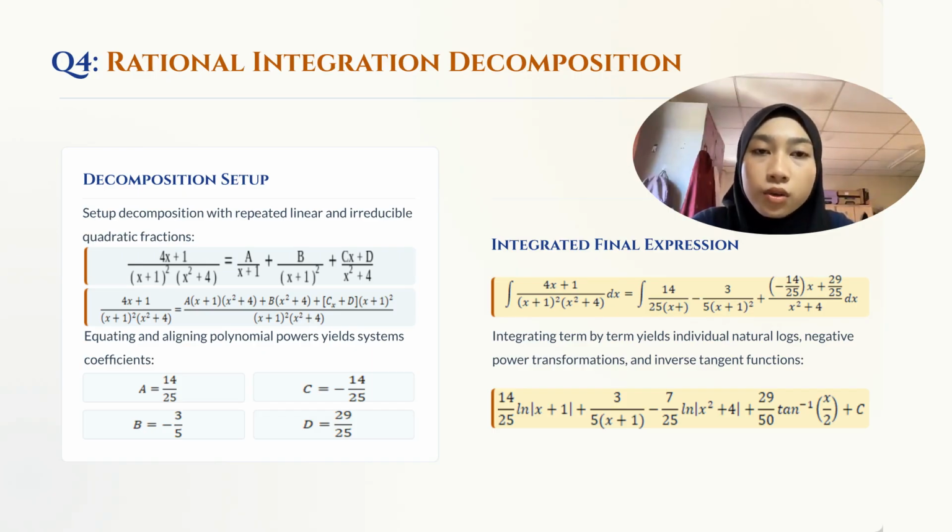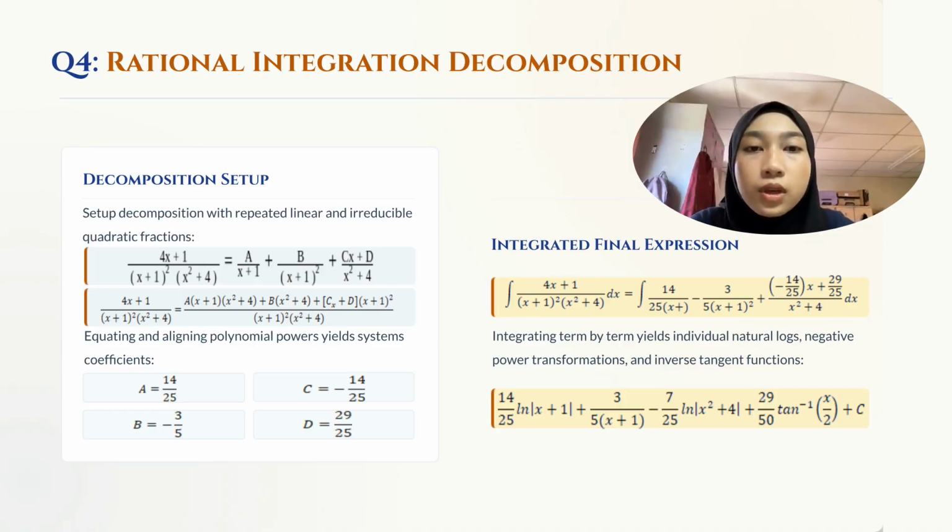To find our unknown constants, we must multiply both sides by the common denominator to get our basic equation, which is 4x plus 1 equals A times x plus 1 times x squared plus 4, plus B times x squared plus 4, plus Cx plus D times x plus 1 squared.